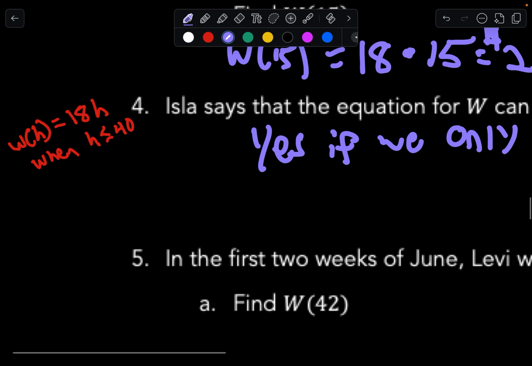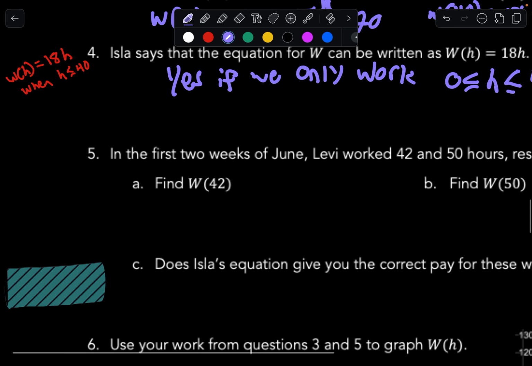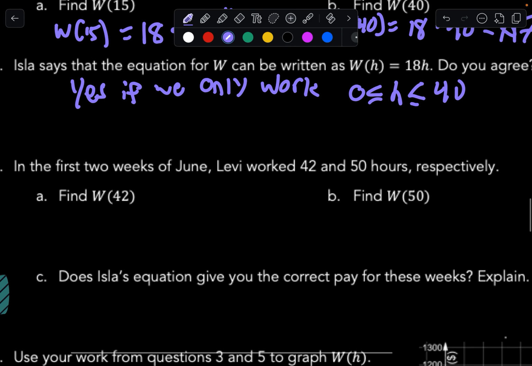So now, Levi worked in the first 2 weeks of June. Levi worked 42 hours and 50 hours, respectively. Find W of 42.